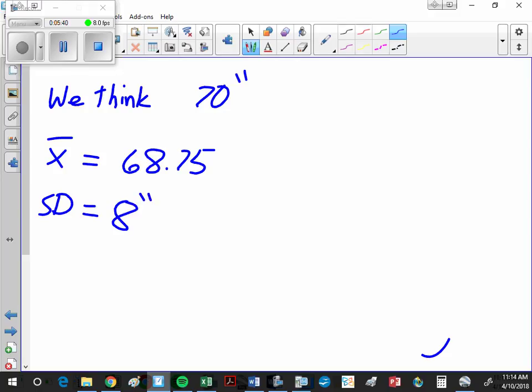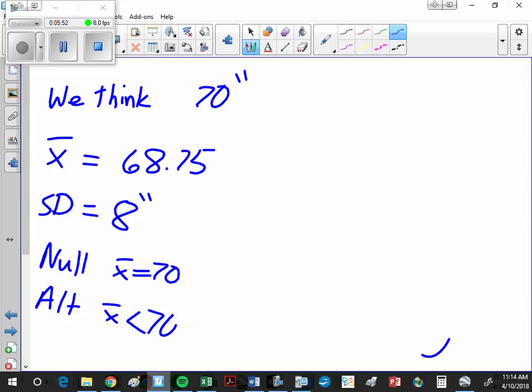So my null is going to be x bar equals 70, and the alternative is going to be x bar is less than 70. I want a confidence level of 5%, which means 1 out of 20 times I will be wrong, but I'm 95% sure.